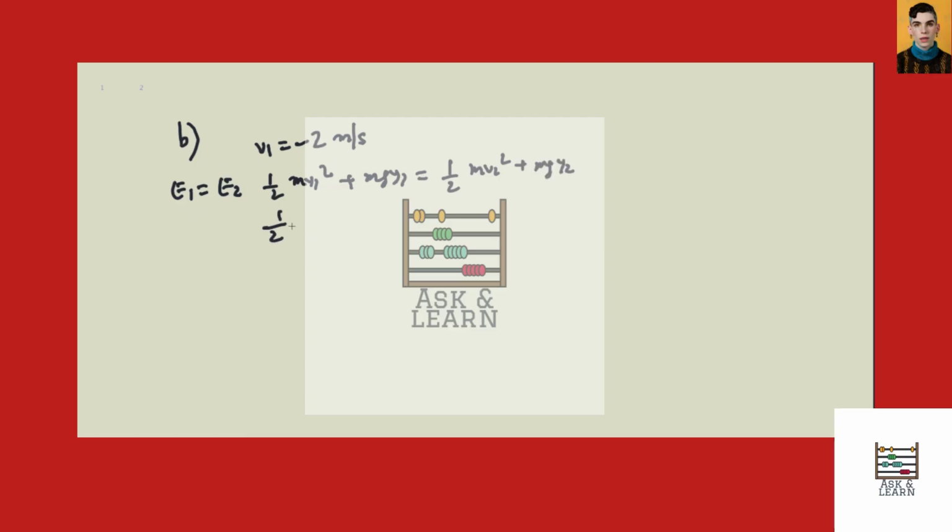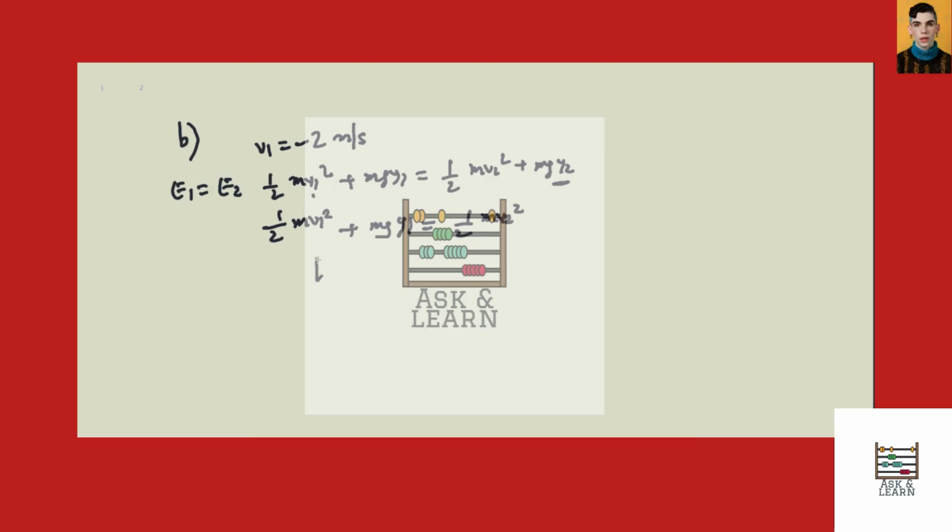So half m V1 squared plus mg Y1 should be equal to half m V2 squared, because this is the landing, Y2 is 0, and the velocity at this location now is not 0, but it is negative 2 meters per second.